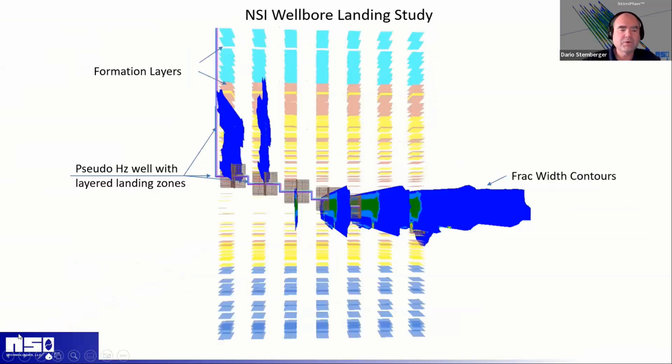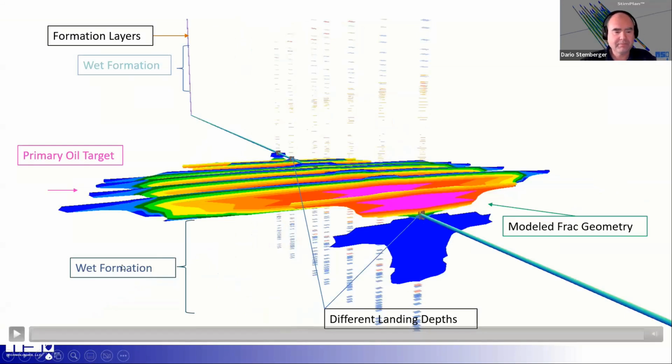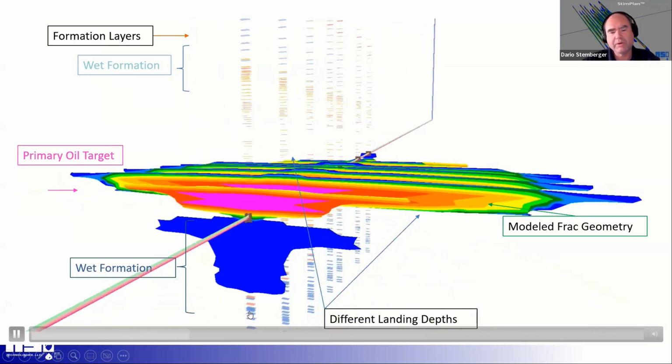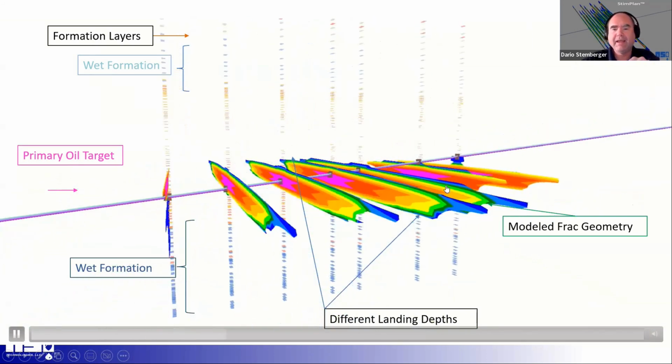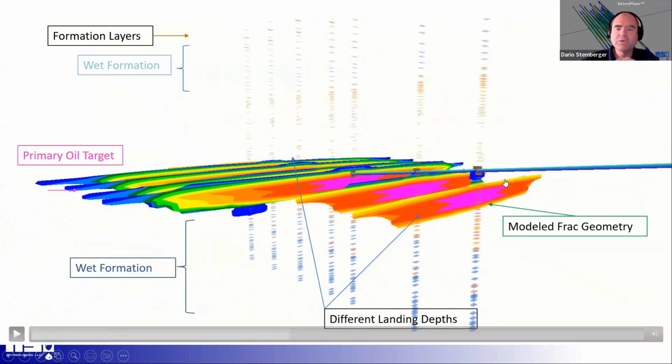As we continue to rotate this, let's continue that. So as it starts to turn, you'll see that here, as we go down, we've got down into the water. And as we get up to the top, above the actual oil zone, we see that the frac is actually wanting to grow down into the oil zone, but we don't have a good connection at the wellbore.